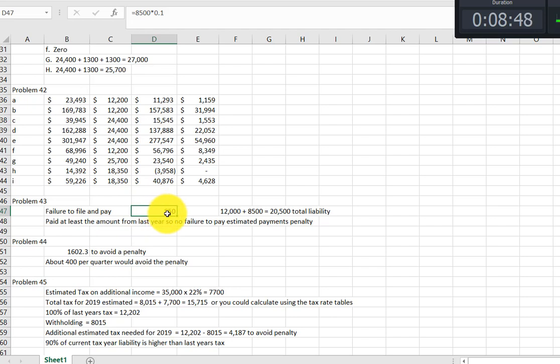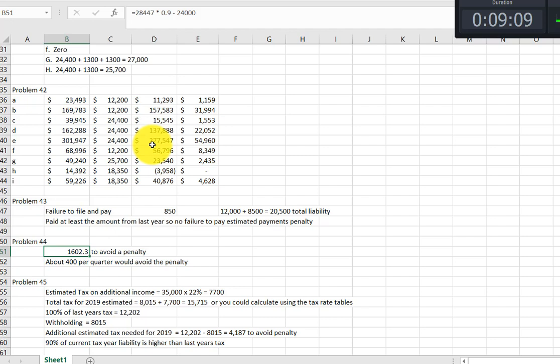Maybe like $85 than $850, a big difference just for missing that filing of an extension, which is not hard to do. It's pretty easy.